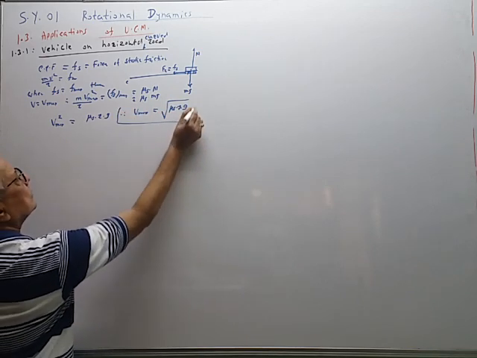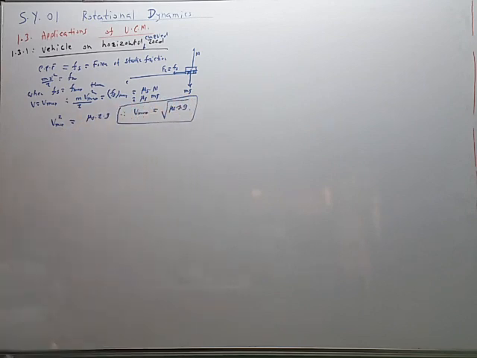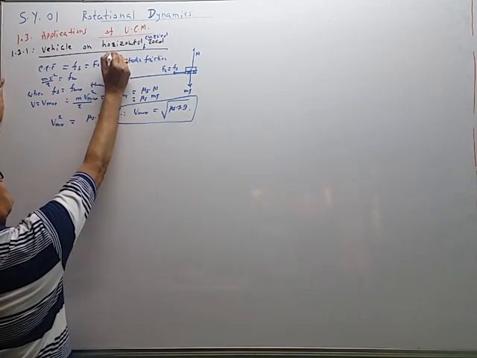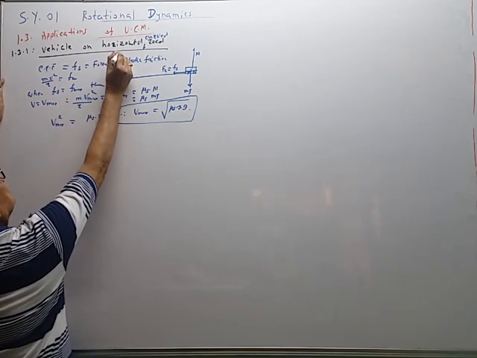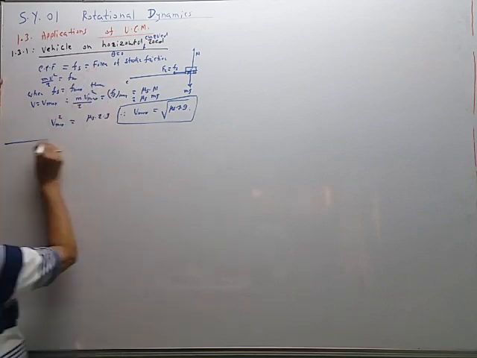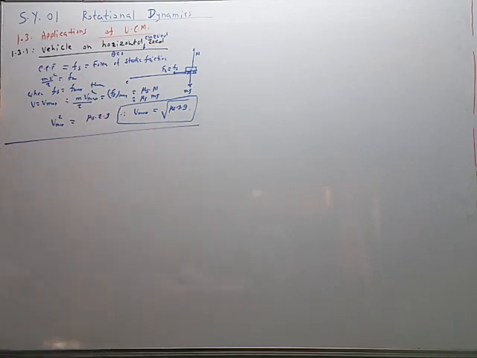So this result we have already derived. Now in this case the road is horizontal, meaning theta, the angle of banking, is equal to 0, an unbanked road. This is the case that we have derived.